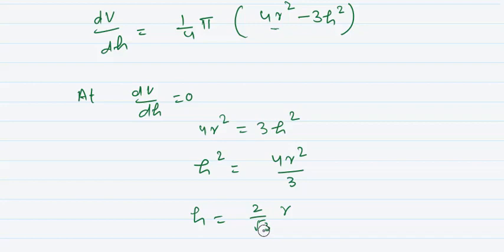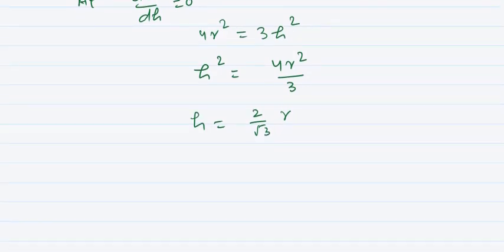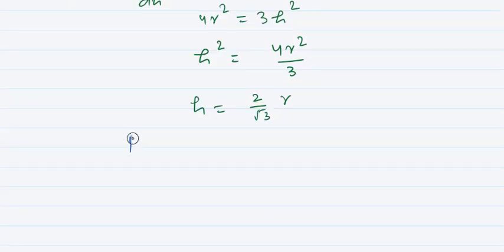Now let us calculate volume. As volume is pi r square h, where r is the radius of the base, first of all let us calculate the base radius, which is R square equal to r square minus h square upon 4.